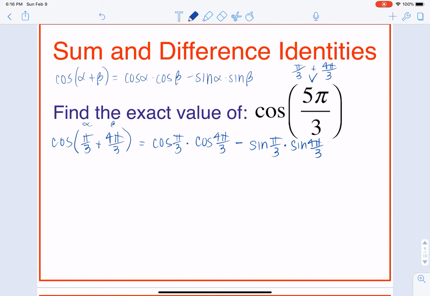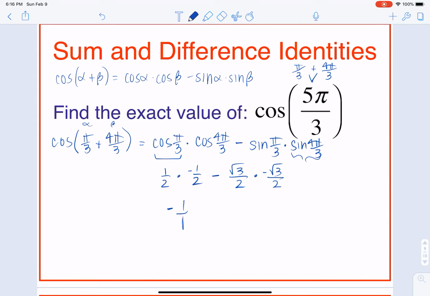And then we'll use our unit circle to evaluate. Cosine of pi over 3 is going to leave me with 1/2. Cosine of 4 pi over 3 is negative 1/2, minus the square root of 3 over 2 times sine of 4 pi over 3, which is negative square root of 3 over 2.